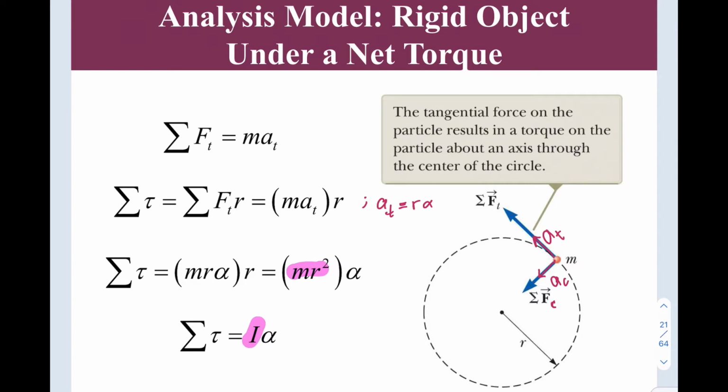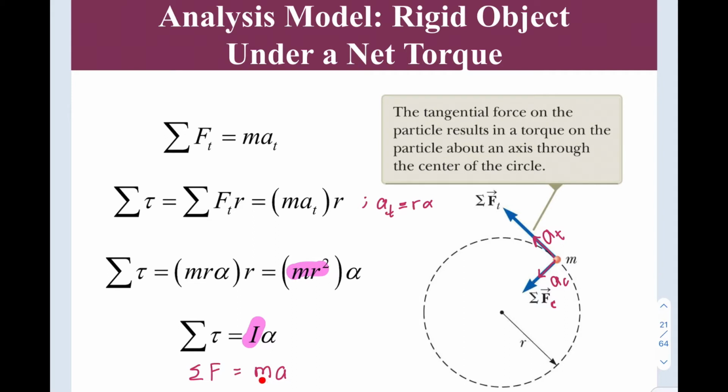So torque is equivalent to I alpha, in comparison to sum of F equivalent to ma in linear or translational motion. The moment of inertia I is an indicator of how big, how massive the object is, and how hard it is to move the object, due to its mass as well as position. It's not only mass, it's also the mass with the position.